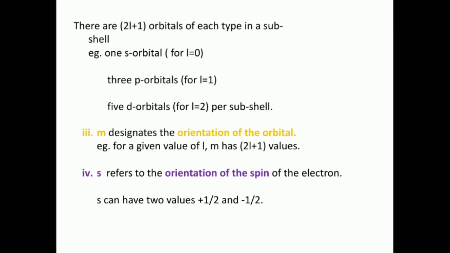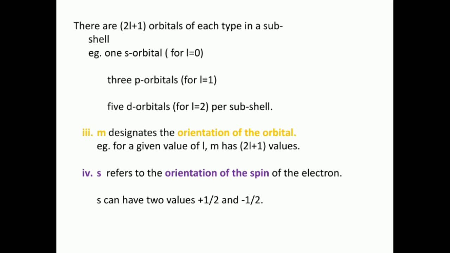There are 2 spins which an electron can have, either plus half or minus half. But an electron cannot have both at once. It can have only one of the 2, plus half or minus half, spin up or spin down.